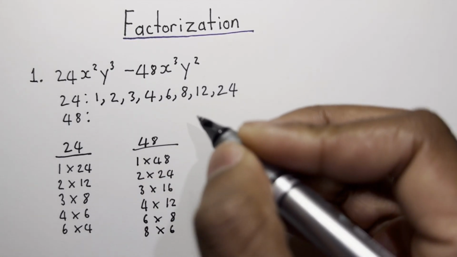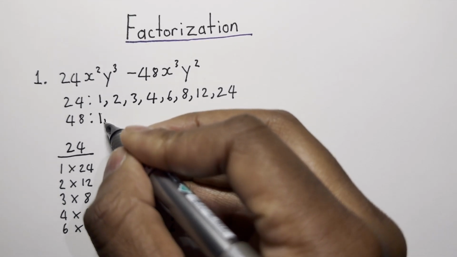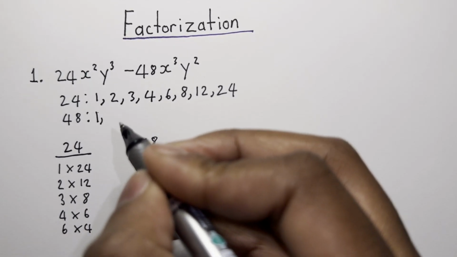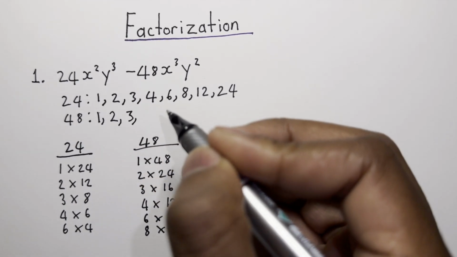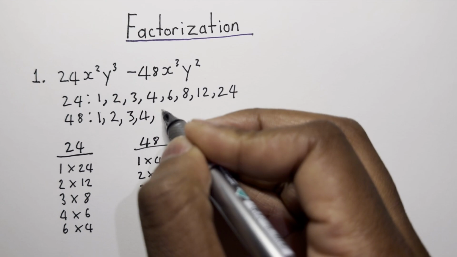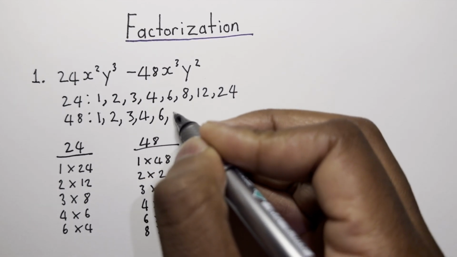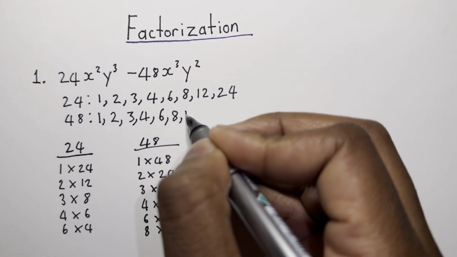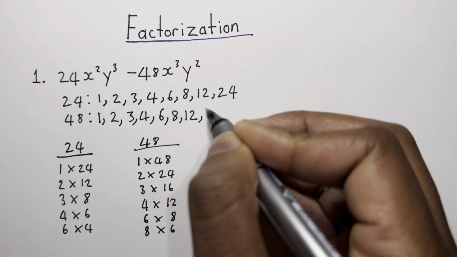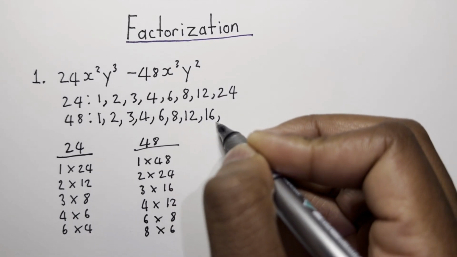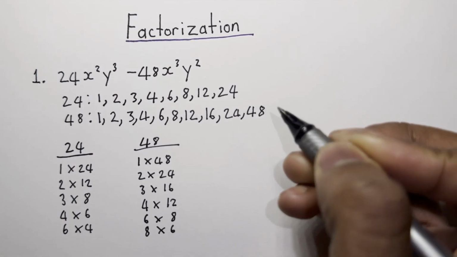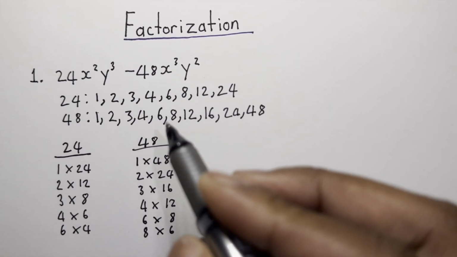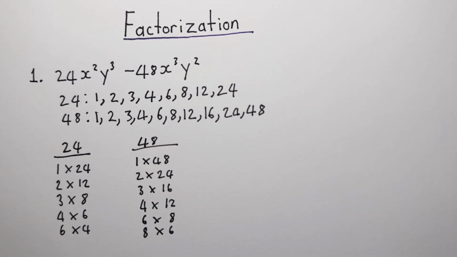So the factors of 48 are 1, 2, 3, 4, 6, 8, 12, 16, 24, and 48.